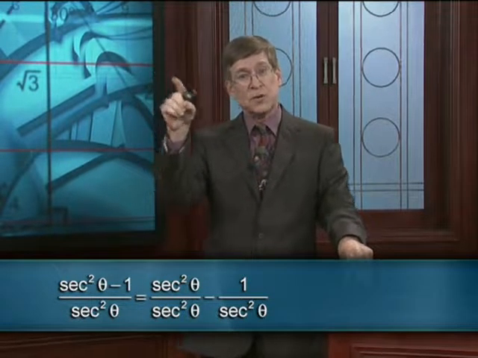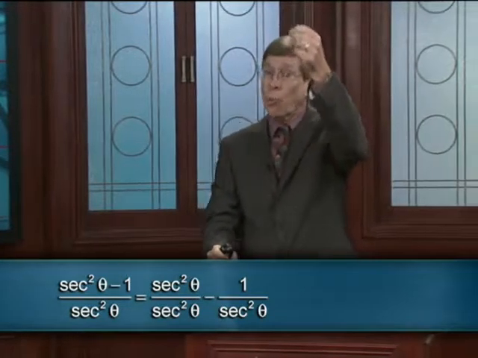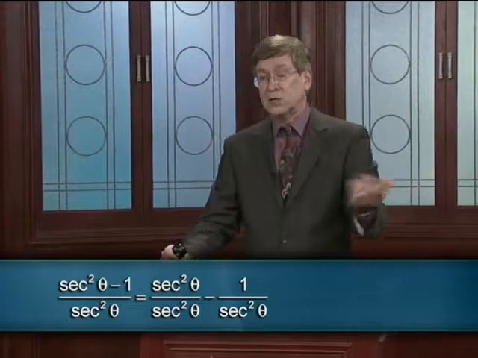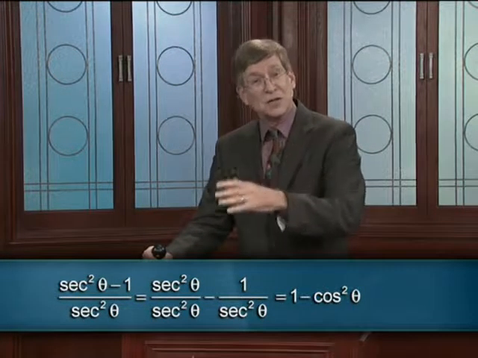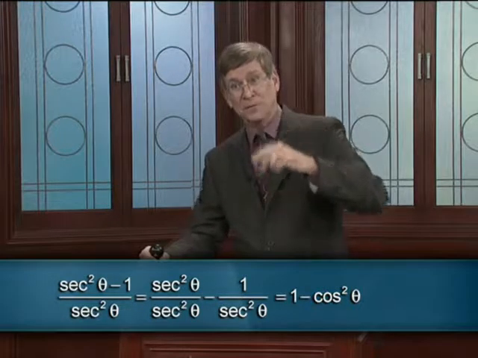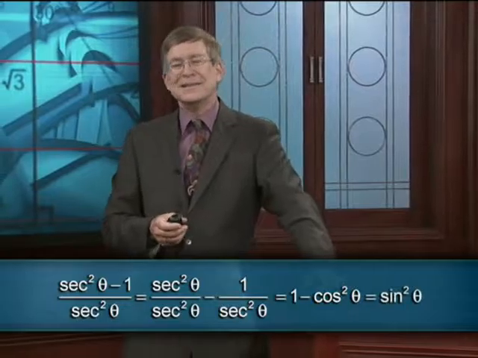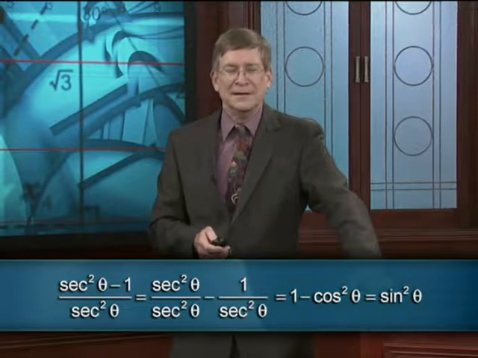So it's secant squared divided by secant squared minus the quantity 1 over secant squared. And now secant squared over secant squared is just 1. 1 over secant squared is cosine squared. They're reciprocals. And 1 minus cosine squared by the fundamental identity is sine squared. Hey, that way was easier than the other way, I think.